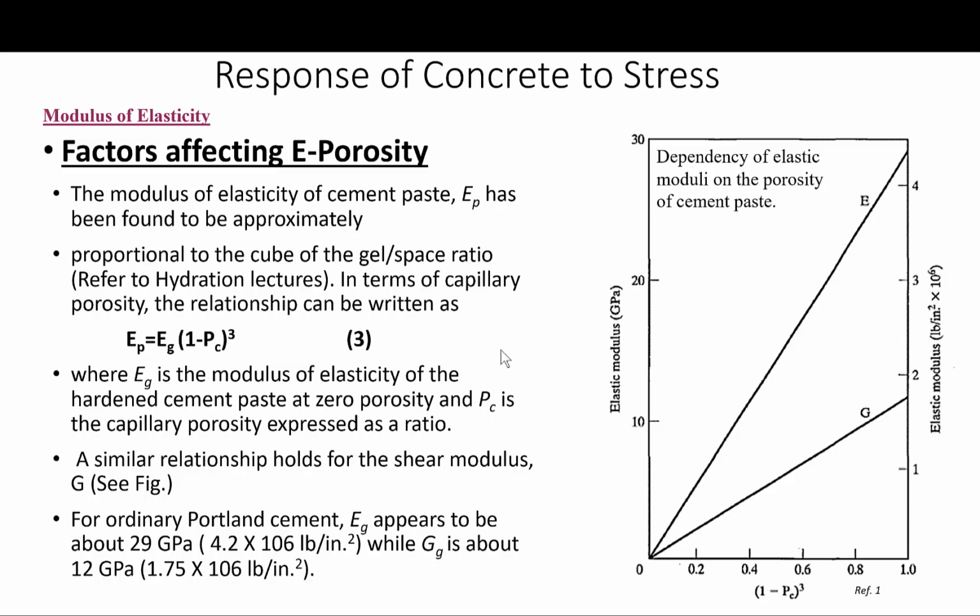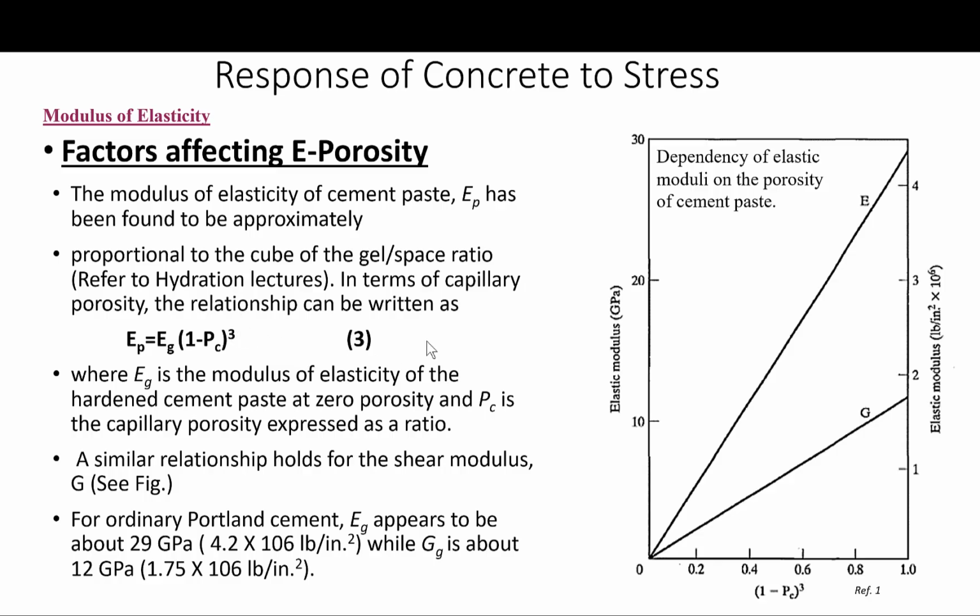In terms of the capillary porosity, the relationship can be written as you see here in equation number 3, where the modulus of elasticity of the paste equals E sub G, which is the modulus of elasticity of the hardened paste at zero porosity, times 1 minus the gel to space ratio, which is P sub C, the capillary porosity expressed as a ratio, to the power 3.